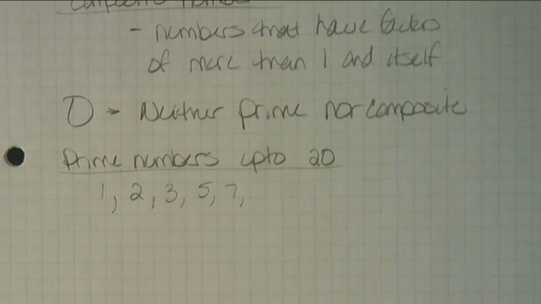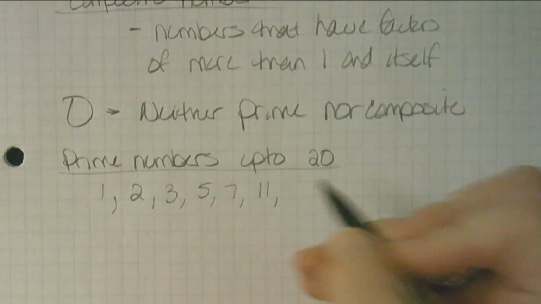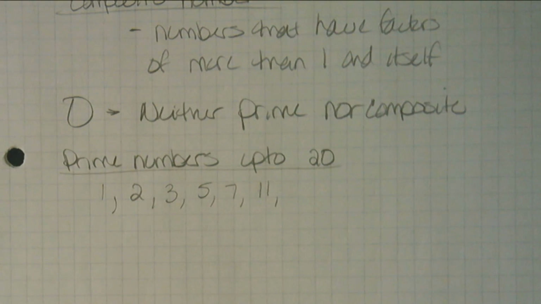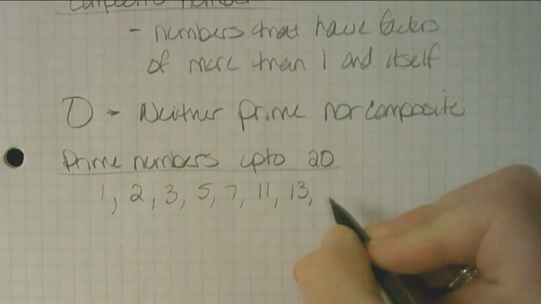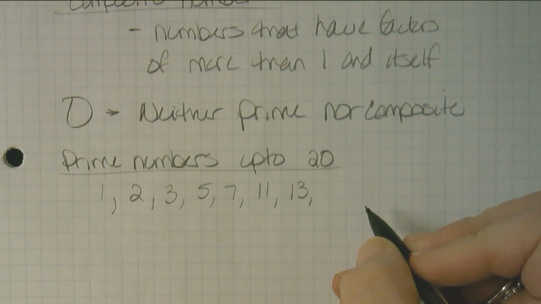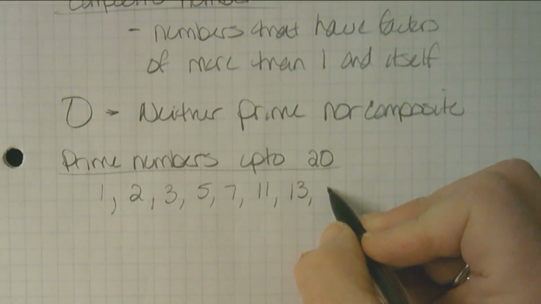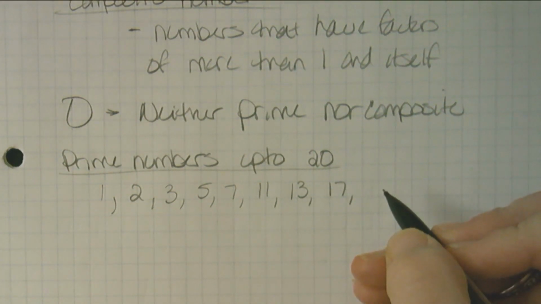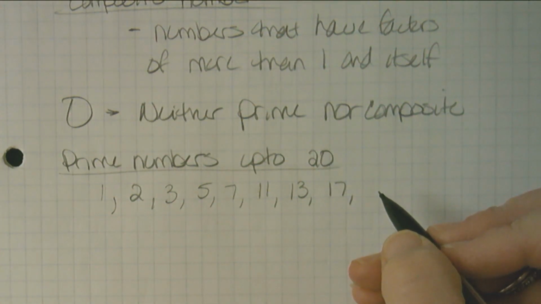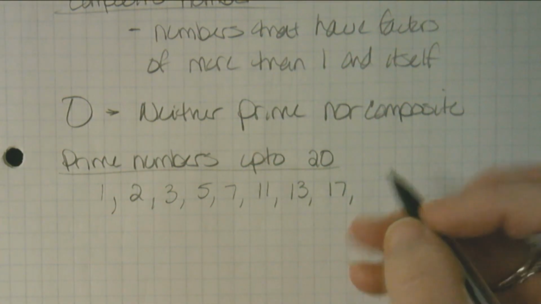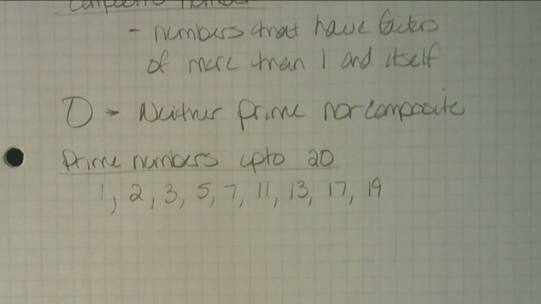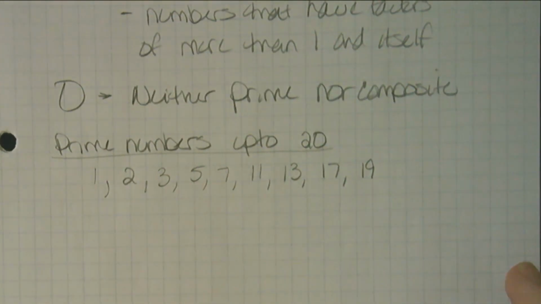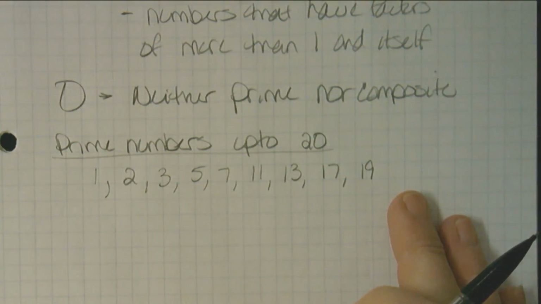Audrey? 11. Christiana? 13. Dominic? 17. There's one more. Aaron? 19. So knowing them up to 20 is really important.